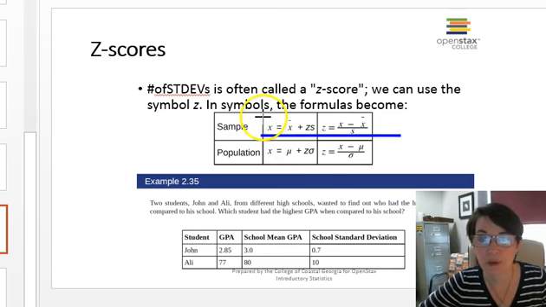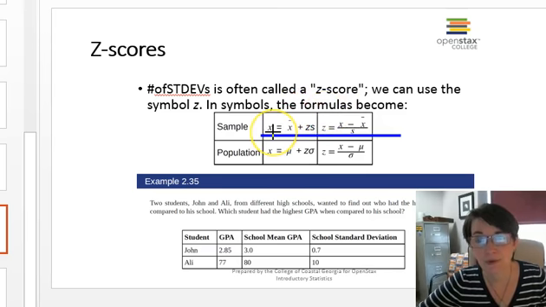The first one is solved for x, the second one is solved for z. But we will use both forms eventually. The z-score equals each data point minus the mean divided by your standard deviation. The top one is for a sample, the bottom one is for a population.